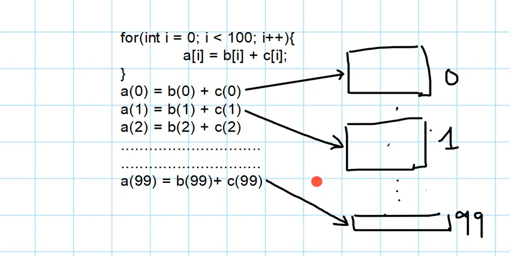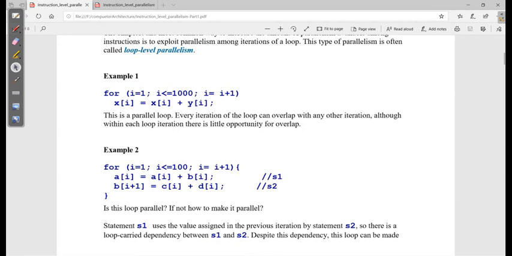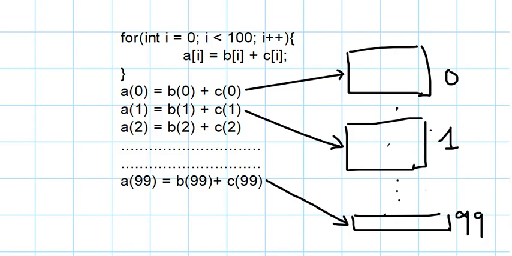So what is the takeaway? The entire addition task defined in this for loop can be completed in a single clock cycle. This is the basic idea behind the implementation of SIMD array processors.